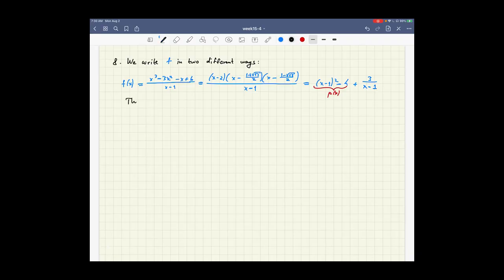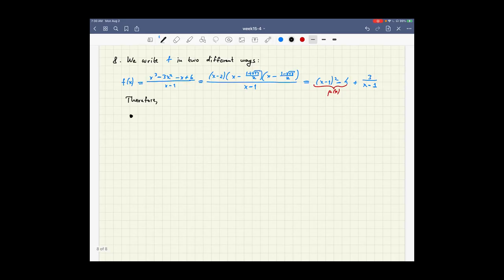So let's summarize what we have. Well, first of all, 3 x-intercepts: 2, 1 plus root 13 over 2, and 1 minus root 13 over 2.